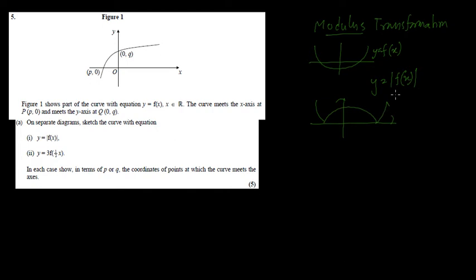It means reflection on the x-axis and bring it upwards. Anything below, you reflect it upwards, but if anything is above the x-axis, you keep it untouched. If anything is below the x-axis, you reflect it on the x-axis upwards. That's what it means.